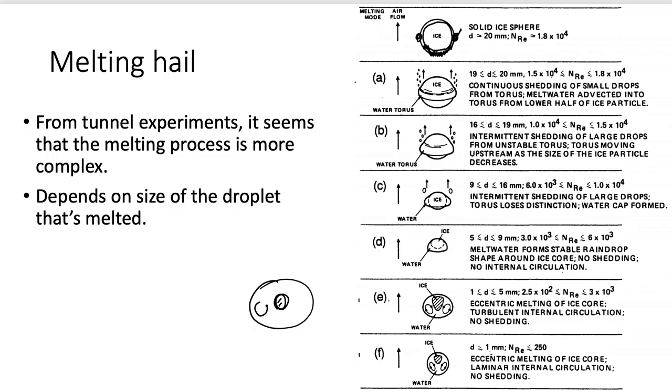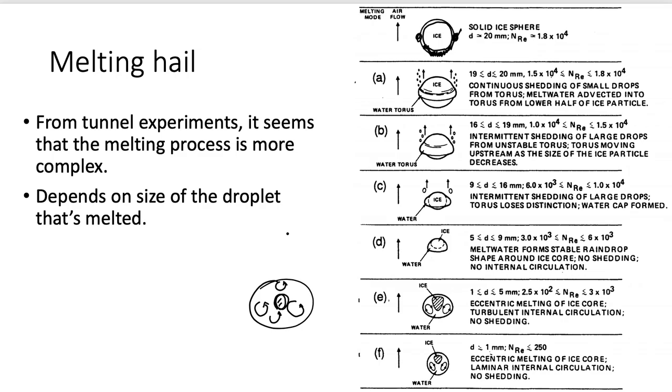So this will cause convection inside of the melting hailstone. And so this can lead to substantial consequences, and it can be very complicated to model, because if you were to include this in the model, it would be practically impossible to include all the details of this. But the details of this might actually have a measurable impact on what's going on outside in the environment and in the storm.